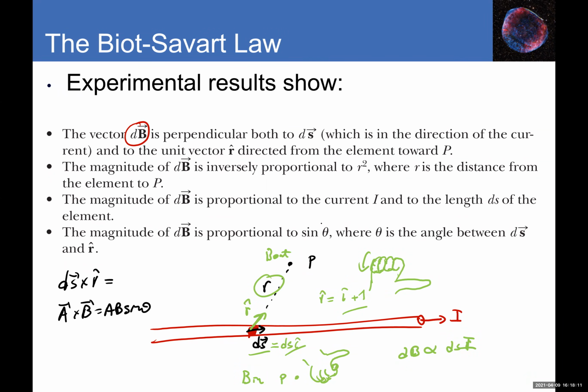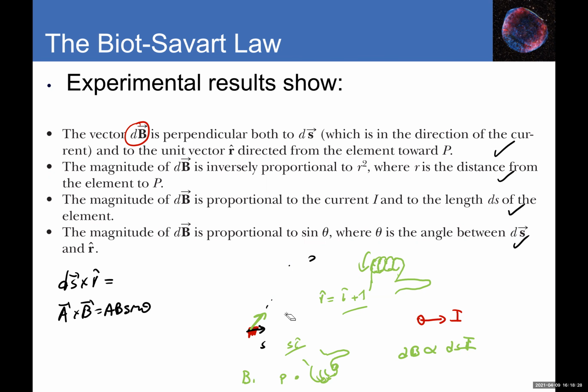So that's why there's a proportionality to sine of theta. All right, so again, those are the different experimental results, which will allow us to get the expression for the magnetic field due to this current carrying wire.